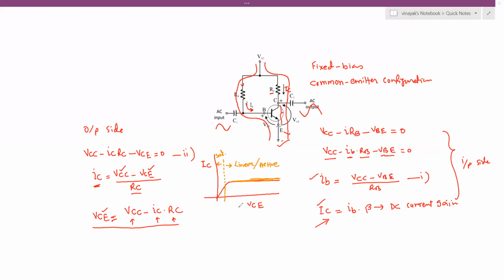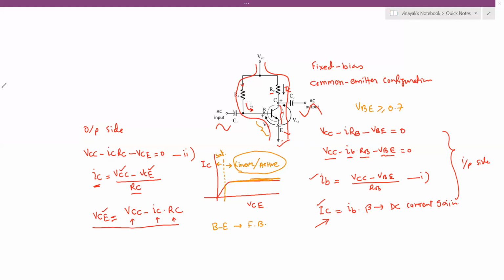You don't want that. So the condition for operating the transistor in the linear active region is that your base emitter junction should be forward biased. It means your VBE drop should be greater than or equal to 0.7.